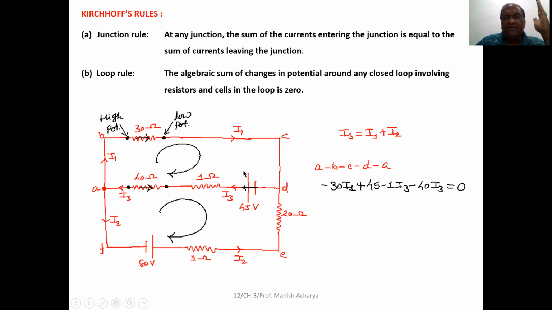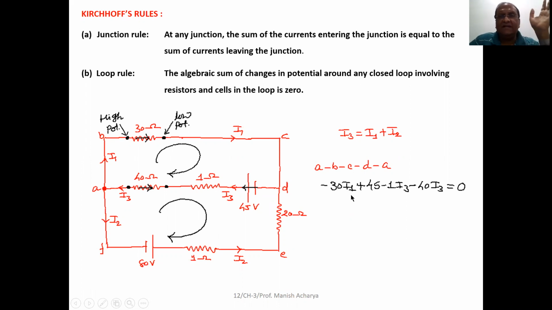So if we take final minus initial here, this will come out positive. So the 45 volt potential difference is taken as positive. Now simply remember one thing. For this 30 ohm resistor, we consider the potential difference as minus 30 I1.